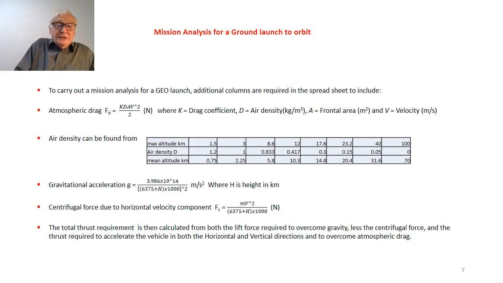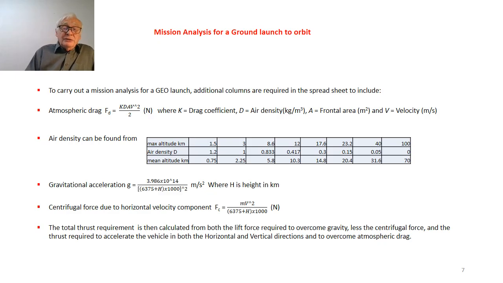The first thing we have to take into account is atmospheric drag during the period that you're in the atmosphere, just after launch, and we calculate that from the equation shown in the slide, where we need to know the drag coefficient of the vehicle design, the air density at the altitude we're at, frontal area, and the vehicle velocity.